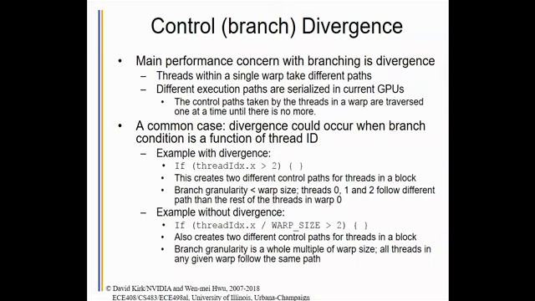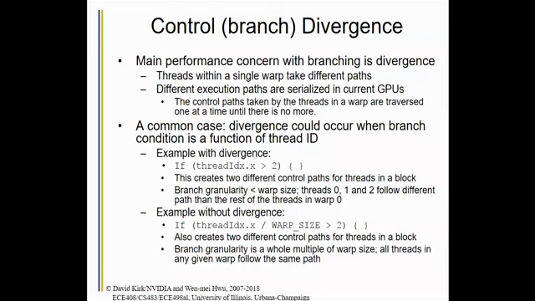And if you look at the example of 1,000 elements, the last block is going to have some of the threads within the range and some of the threads not within the range. If you look at the very last warp in that example, the last 32 threads in the last thread block, it's going to have 8 threads inside the range and 24 threads outside the range.